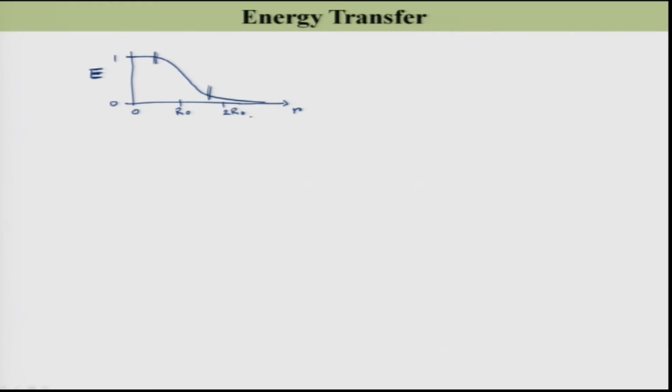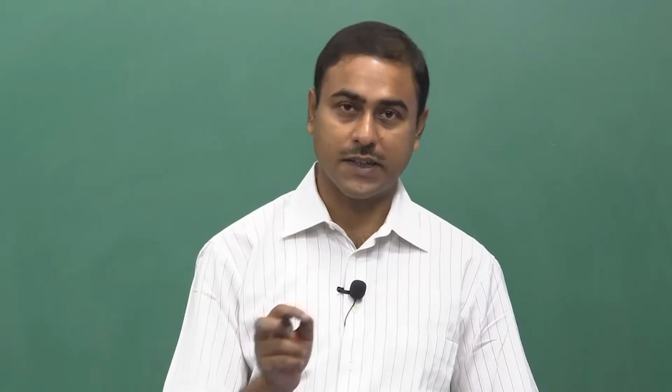Now, on the other hand, if you can experimentally determine this E, you will get some idea of the value of R, if you know this capital R 0. This capital R 0 is the Forster distance, and this Forster distance for a particular donor acceptor pair is fixed.